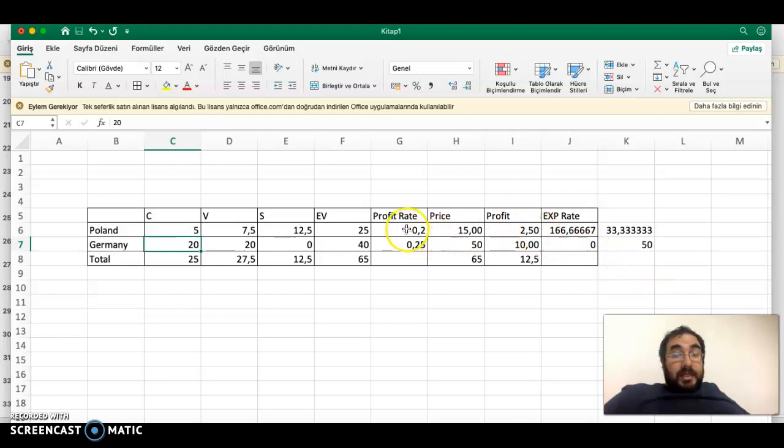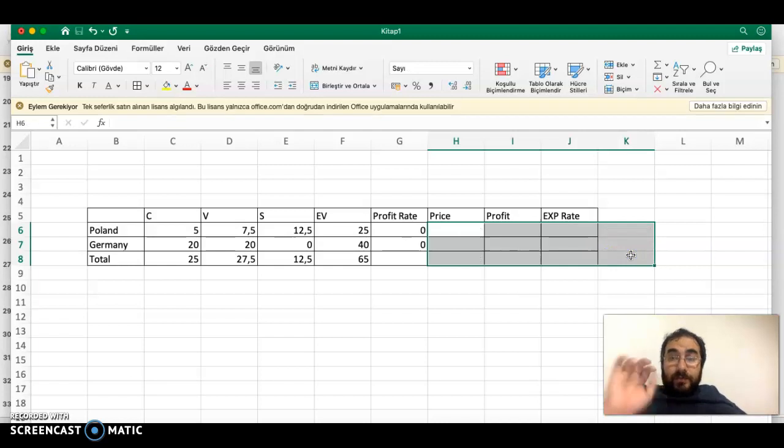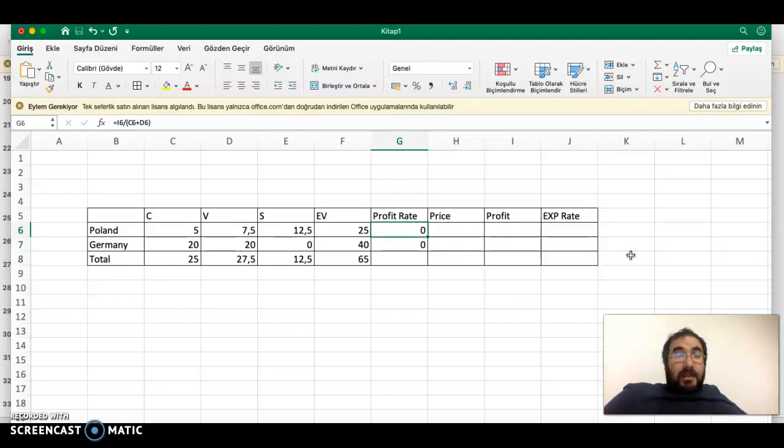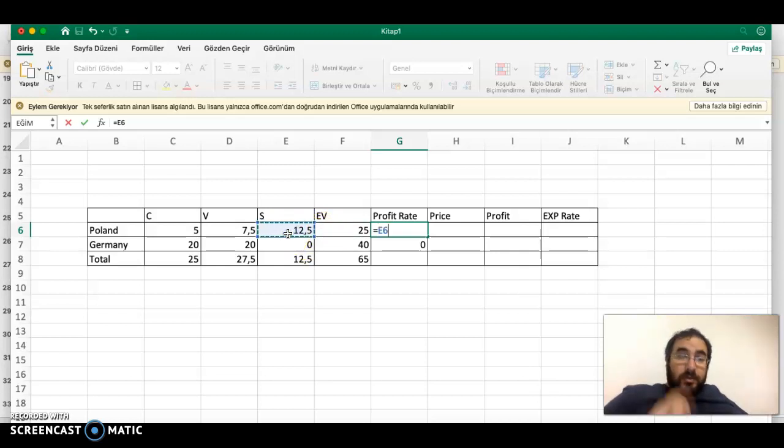So let's now move to the mobility of capital case. Let's start again with the case when both countries are closed.